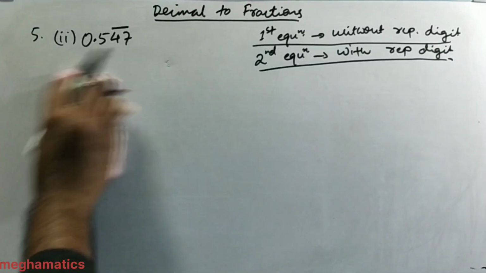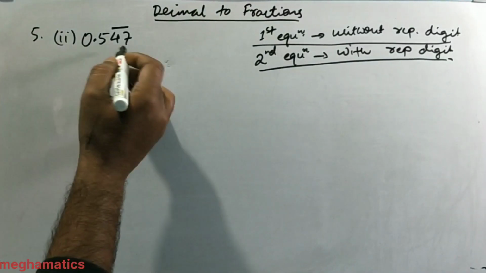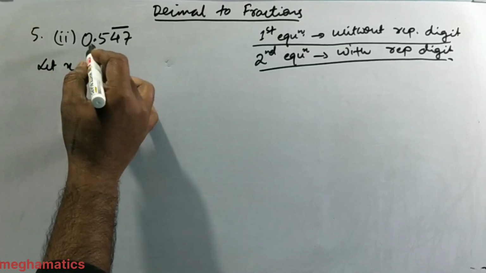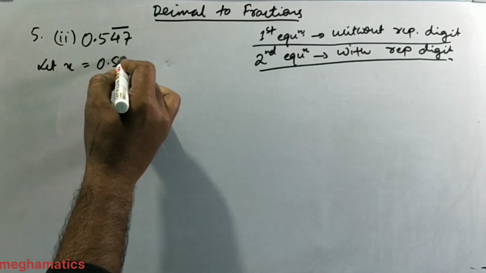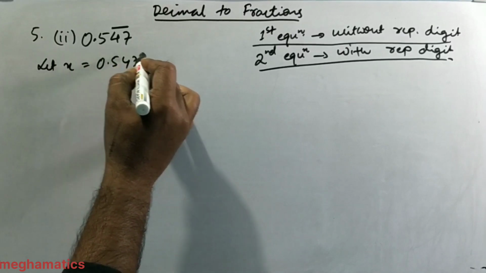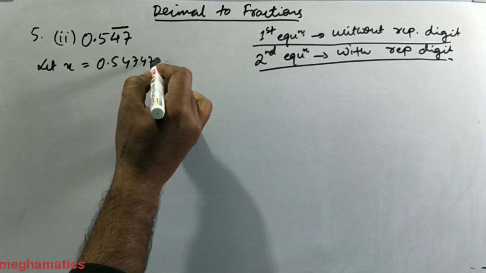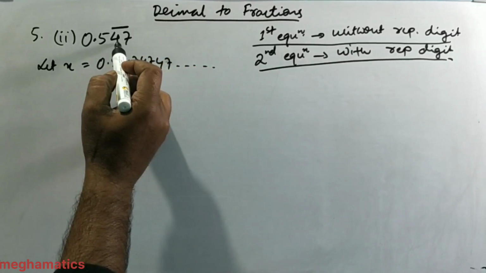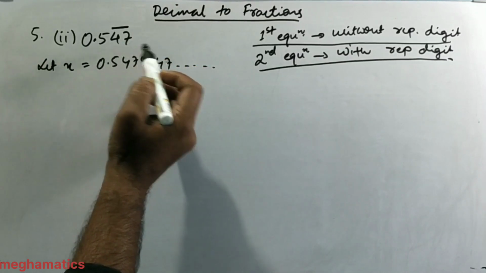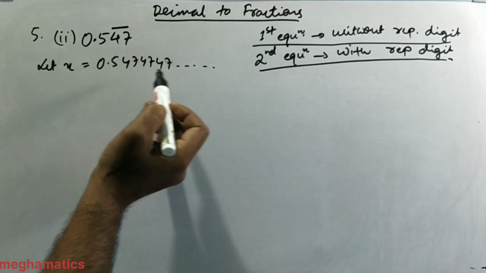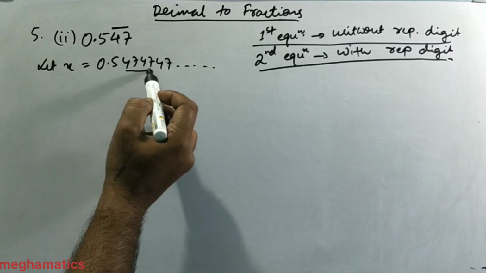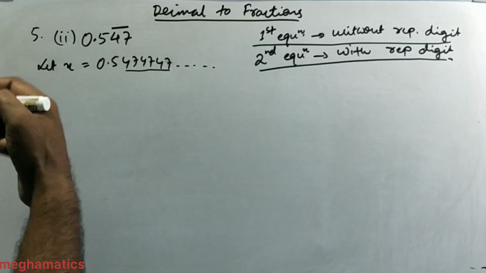Now in this case we'll consider this question as: let x is equal to 0.5474747... Since the two digits 47 are repeating again and again, we have written it in the repeating form.